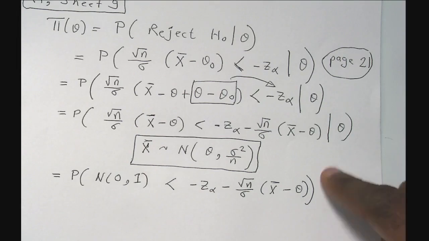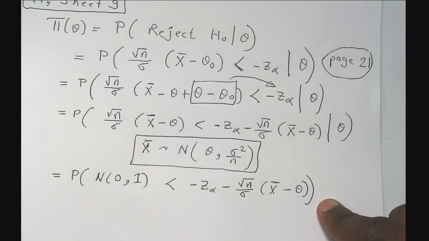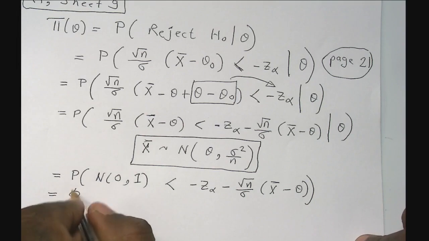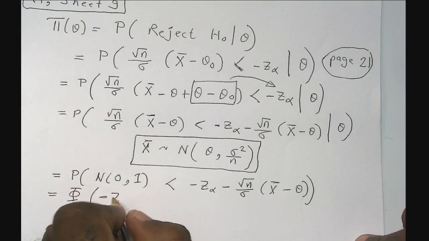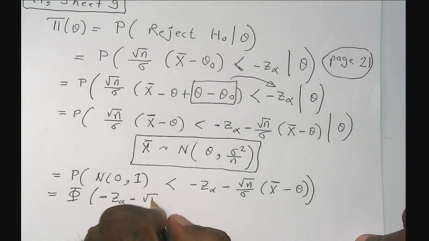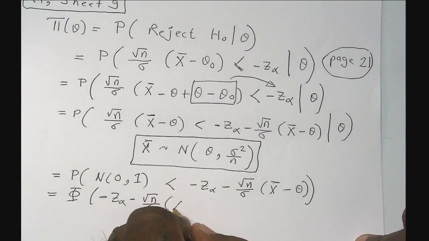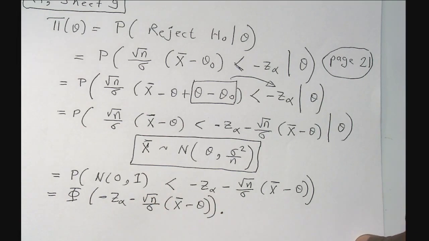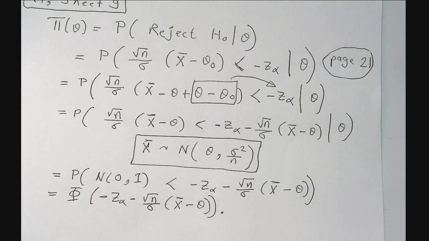So at this step we don't need the conditioning. So this becomes phi. Alright, so this is the power function for question 1.